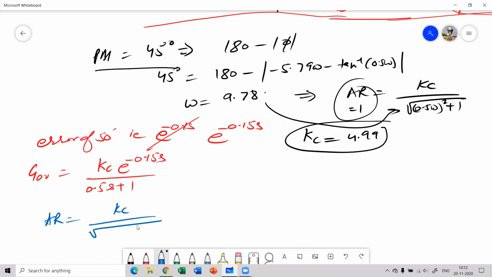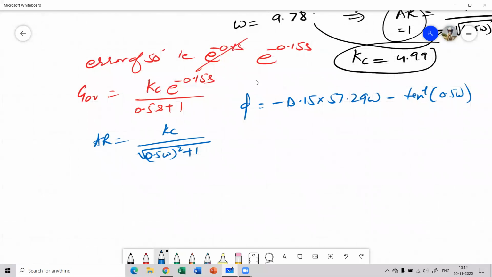Kc अपॉन अंडर रूट ऑफ 0.5 ओमेगा स्क्वायर प्लस 1, और इसका पाई कितना है? माइनस 0.15 इंटू 57.29 ओमेगा माइनस tan इनवर्स 0.5 ओमेगा. ठीक है? ये सिस्टम है. नाउ Kc कितना है? 4.99. AR को इक्वल टू 1 सब्स्टिट्यूट किया.